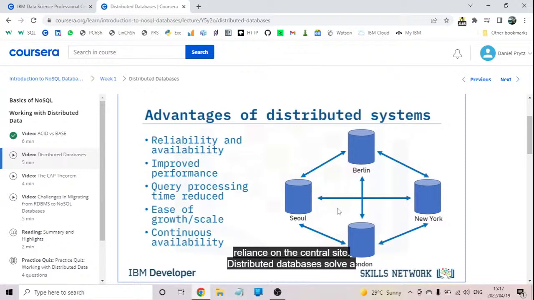All right. Let's see. What else is there? Continuous availability.